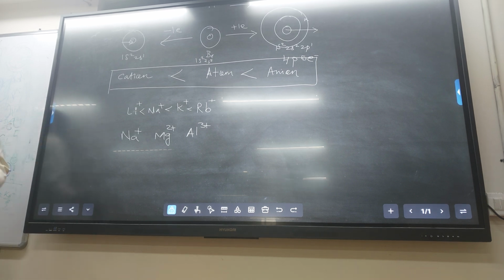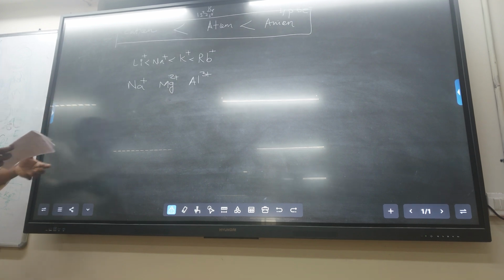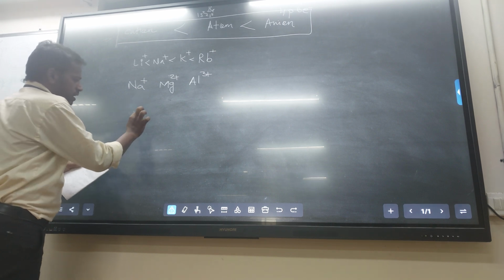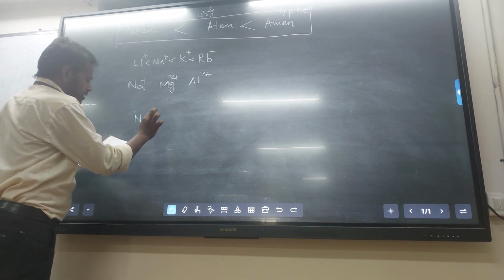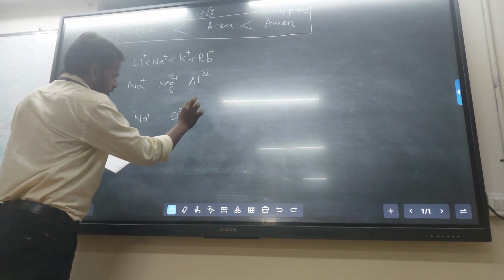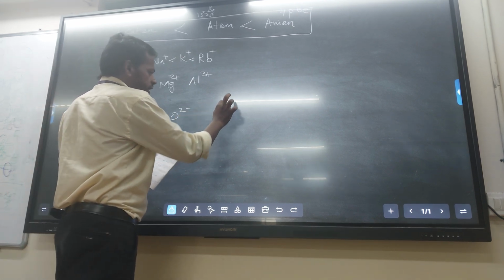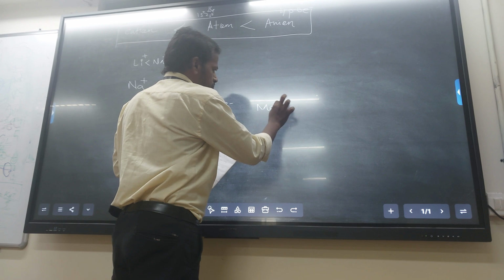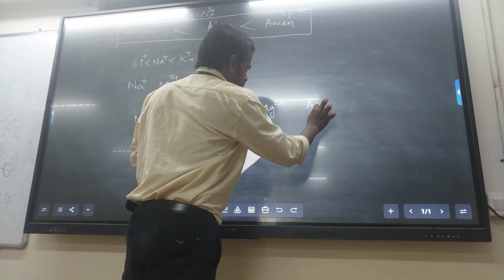There we introduce another concept, that is isoelectronic species. What is an isoelectronic species? Let's look here. Take Na plus, O2 minus, N3 minus, magnesium 2 plus and aluminum 3 plus.